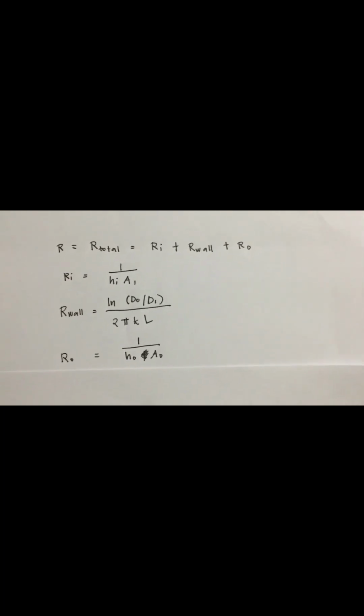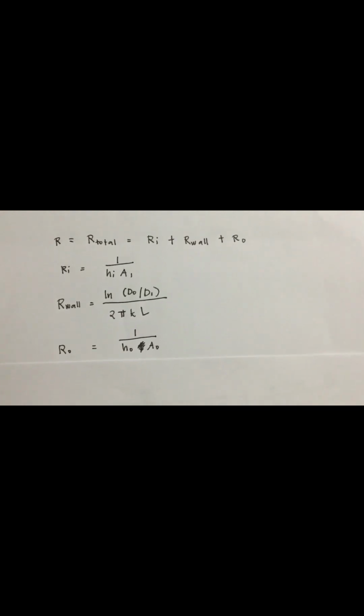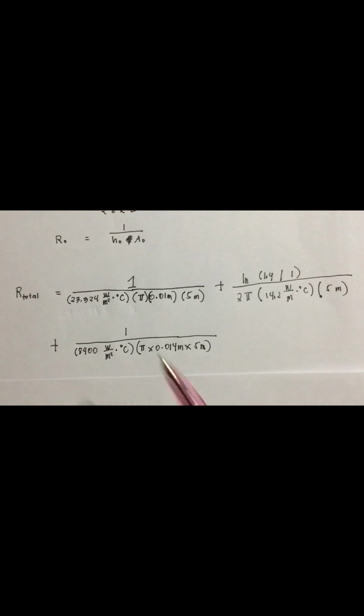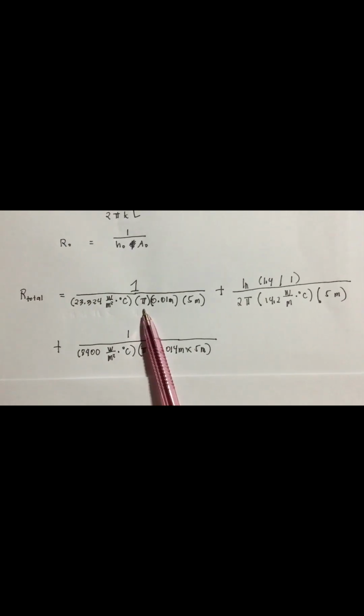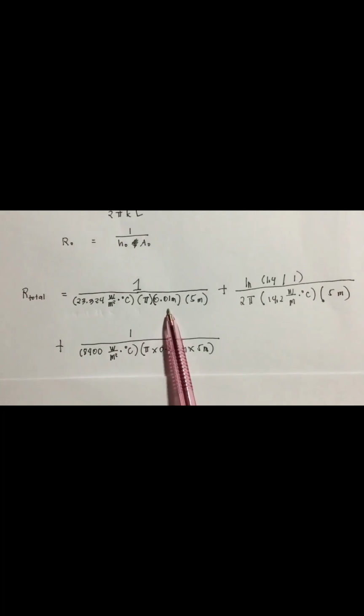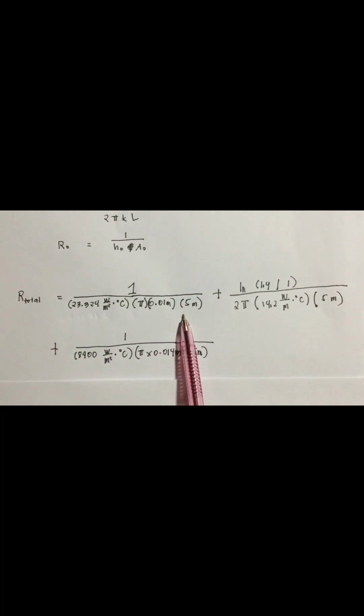So what we need to do is just put all the values in our formula. For inner resistance, we have 1 over 23,324 watts per meter squared degrees Celsius times our area, 3.1416 times 0.01 meter, and our length, 5 meter.